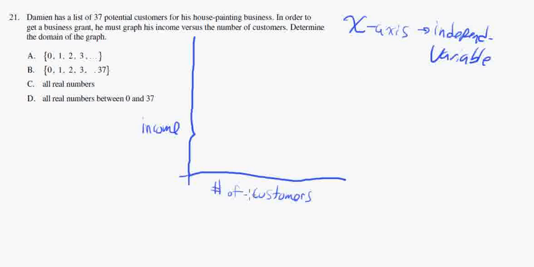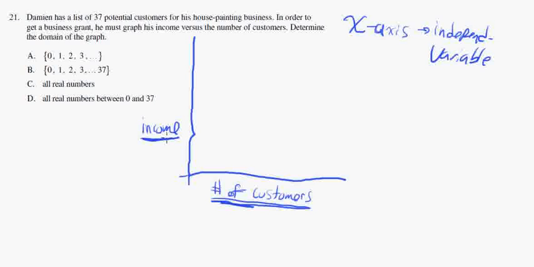Well, the number of customers is something that you can sort of control. Because the number of customers doesn't really depend on your income. So the number of customers is independent of your income, meaning that this is the value that we can control. We can control the number of customers to some degree.